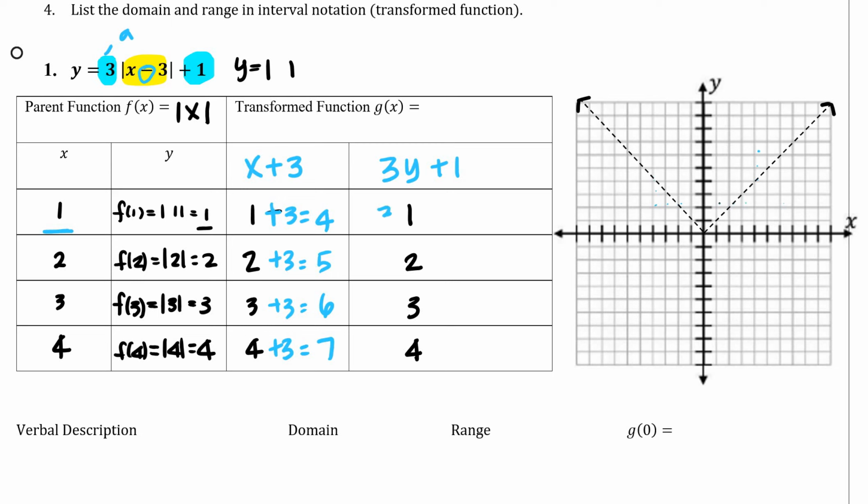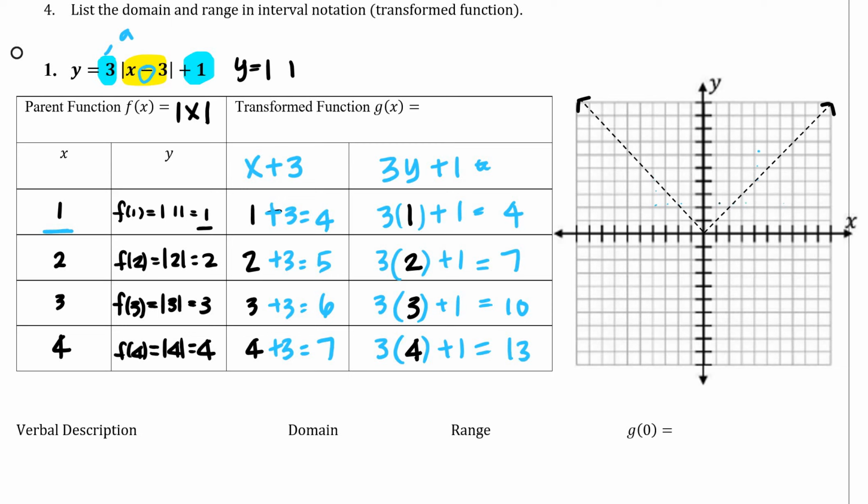Now I stretch by 3 times and add 1, for each of them. So the new values give me 3 plus 1 is 4, 6 plus 1 is 7, 9 plus 1 is 10, and 12 plus 1 is 13.